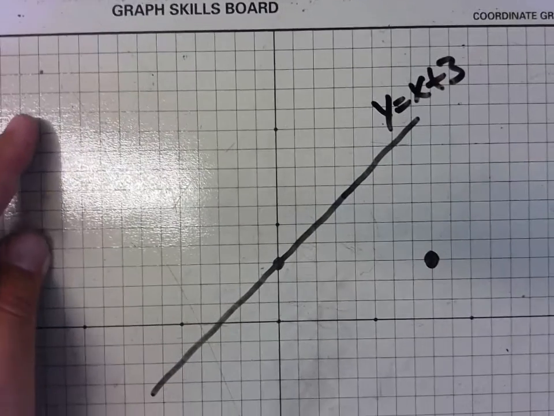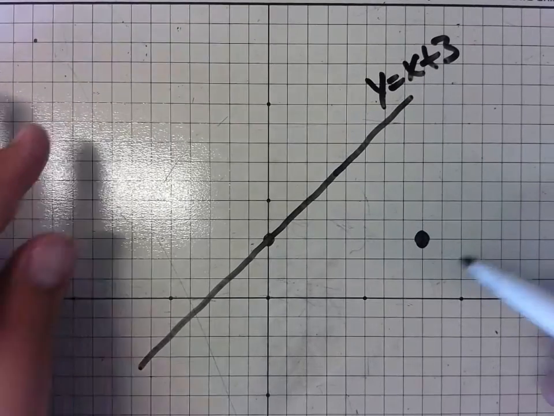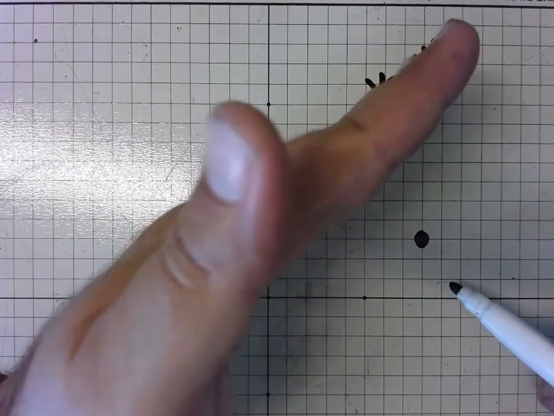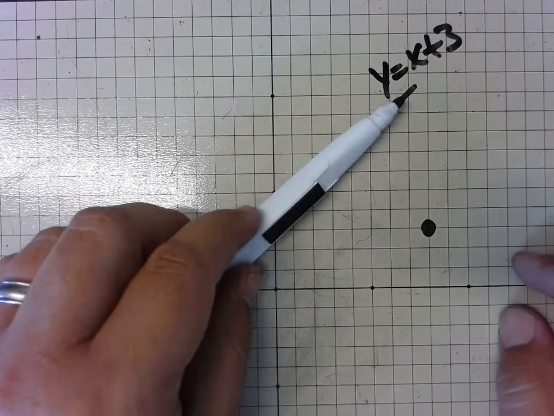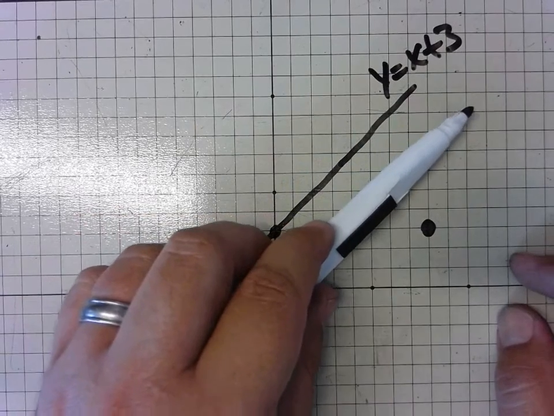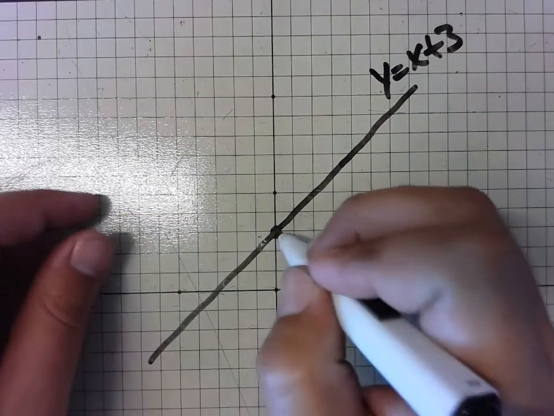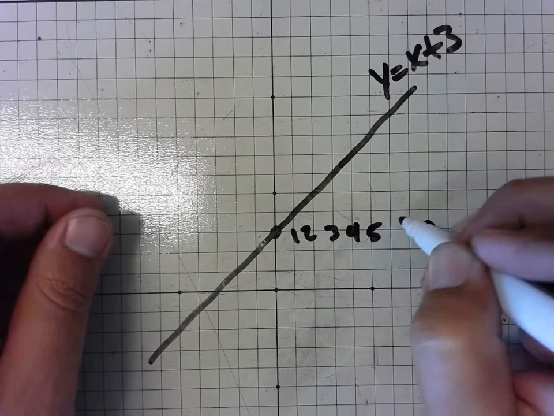You're dilating this line around this center by a scale factor of 1/2, which means this whole line is going to get closer to that center. It's going to get closer, not farther, because it's a scale factor of 1/2.